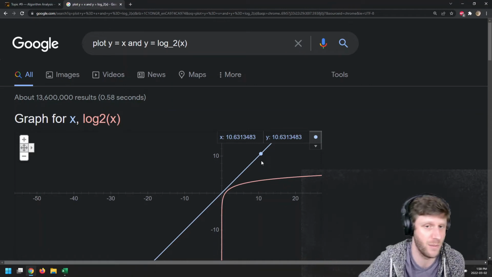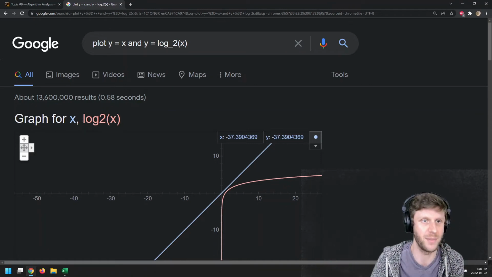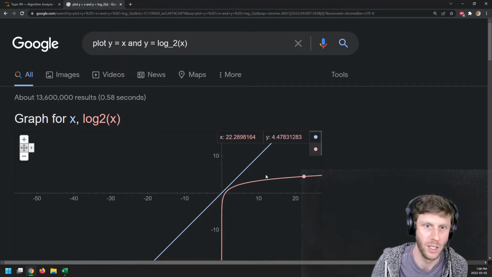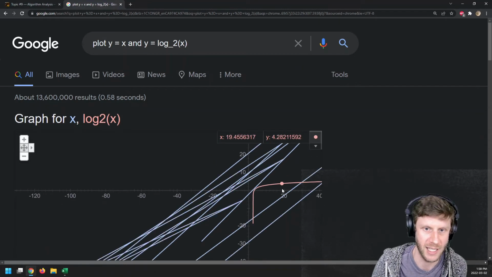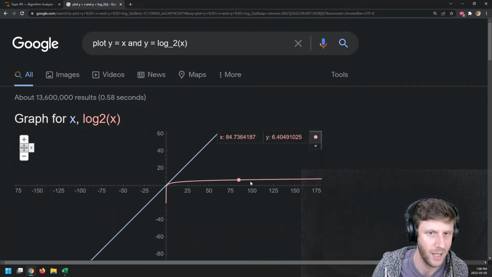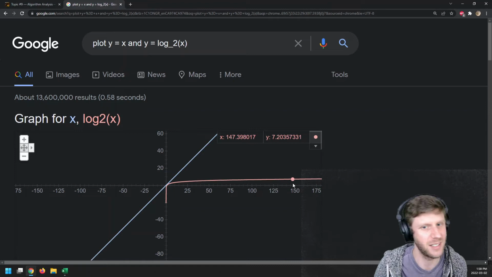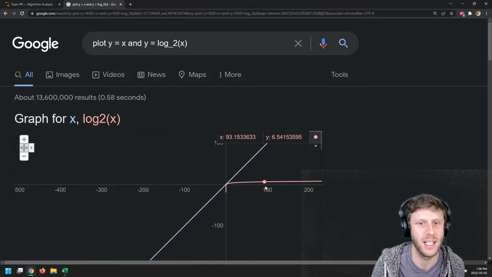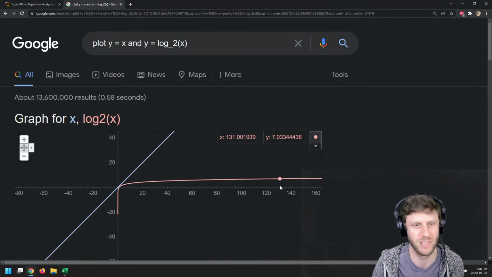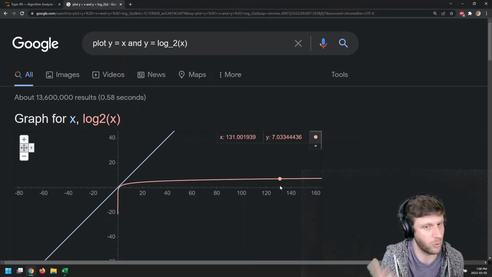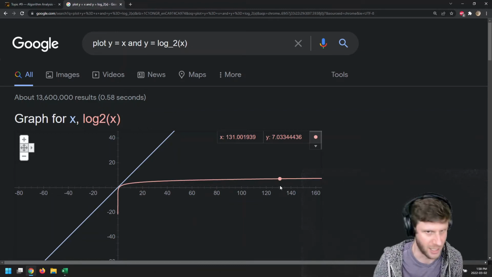A linear algorithm is a great algorithm. But if you have something that grows log base 2, this is how it grows, meaning that it grows a lot slower than linear. But it's still growing, right? It's not constant or anything, but it does grow a lot slower than linear. So log base 2 of x still grows, but it's definitely not as bad as linear.